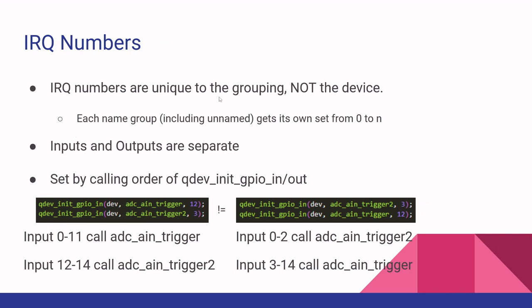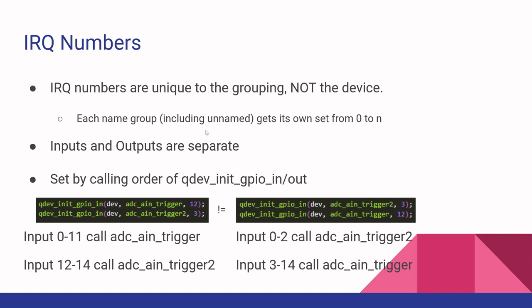So a bit more about IRQ numbers. They are unique to a grouping, not a device, which means every name group, including the unnamed, gets its own set from 0 to n. Let's say you have a named group pin 1, and that pin 1 can have 15 GPIO pins. It'll have 0 to 14.